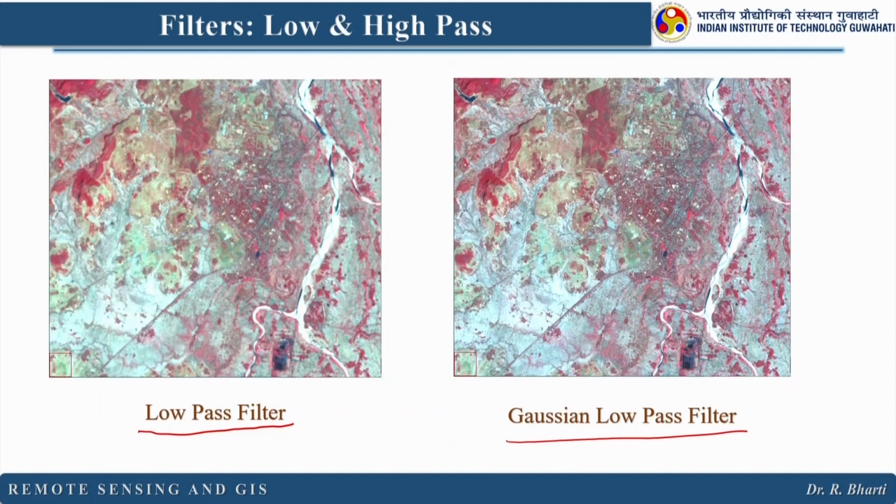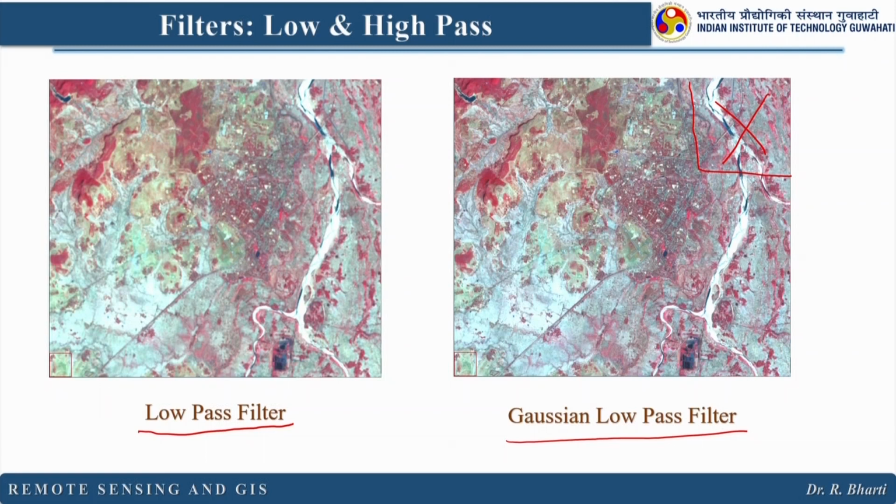Then only it will give you a good result. But if all the low frequency DN values are concentrated in one particular area, and then you apply this Gaussian low pass filter, the result may give you wrong information.